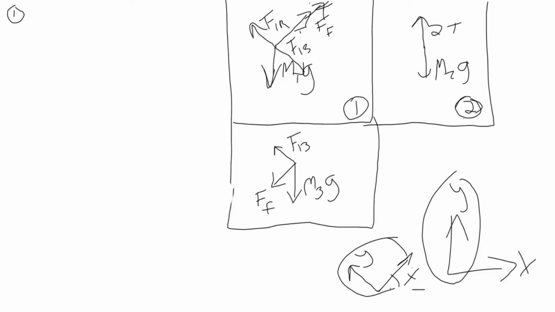So I can write that the sum of forces in the perpendicular direction of the incline is F1r, the normal force between mass 1 and the ramp, minus F1,3 minus m1g cosine theta. That's 0. Why is it 0? Because mass 1 isn't moving into the incline or away from the incline. It's constrained to be on the surface of the incline, so it can't accelerate perpendicular to the incline. So I'm guaranteed that this is true.